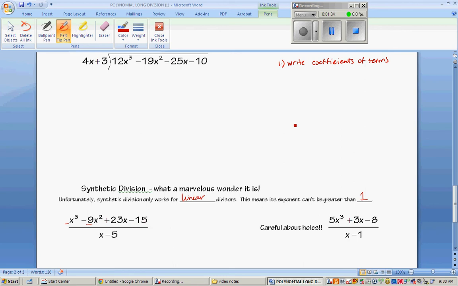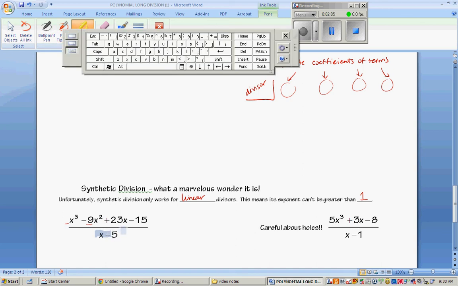And I'm going to give you an example of what this is going to look like. So we would write the coefficients, whatever they may be, in these spots. This spot here is reserved for the divisor. What are you actually dividing by? Because it's in the form of x minus a number, it's going to be the opposite of what you want to say. For example, in our problem, it's x minus, and what's left over is just a 5.